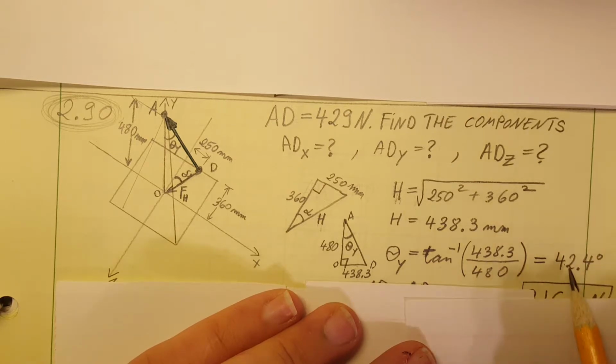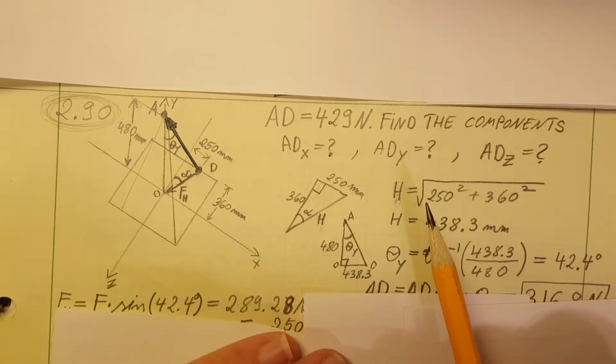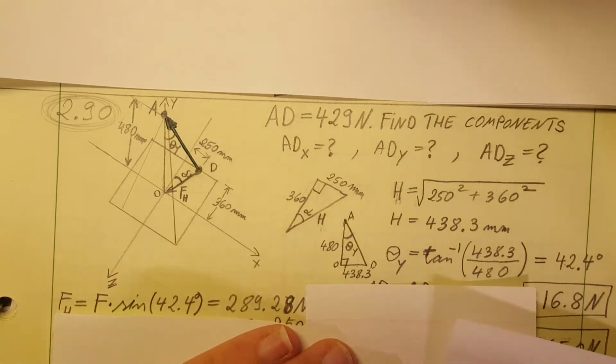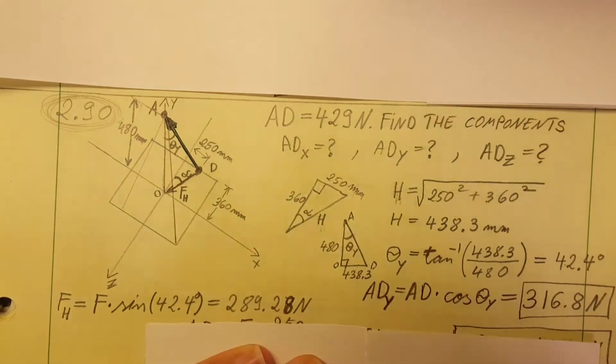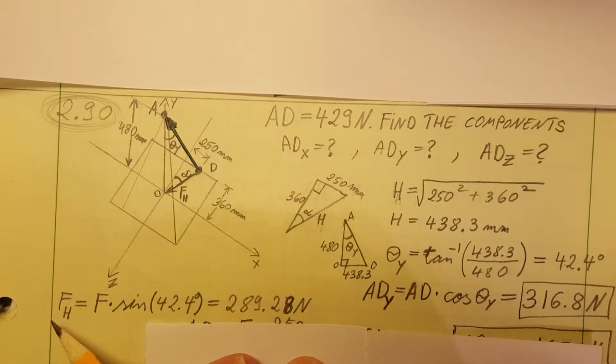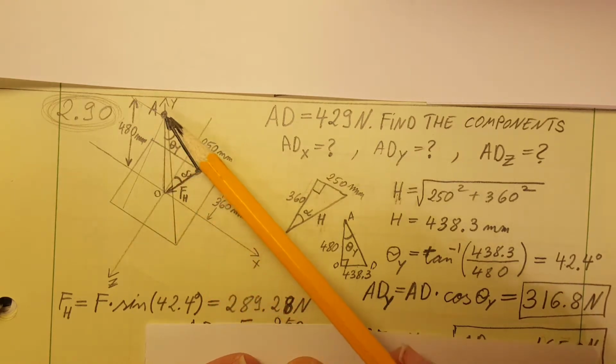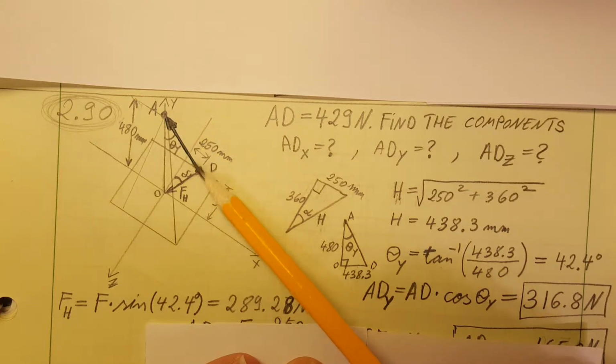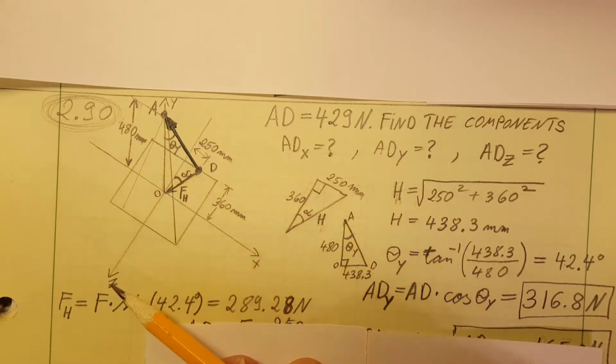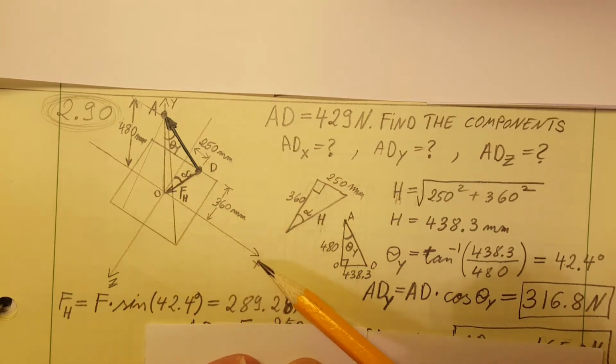Now, since we have this one, we are able to find our next force. This is FH, which is down here, which is the force by dropping our AD force into the plane of Z and X.